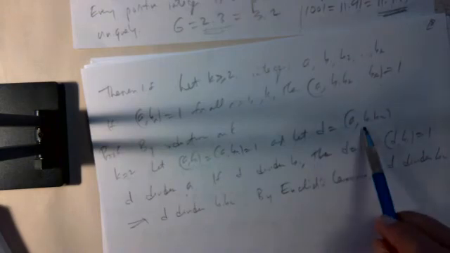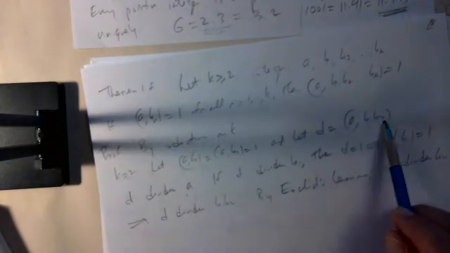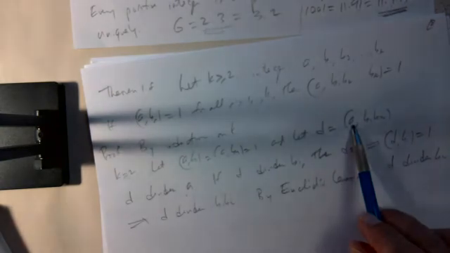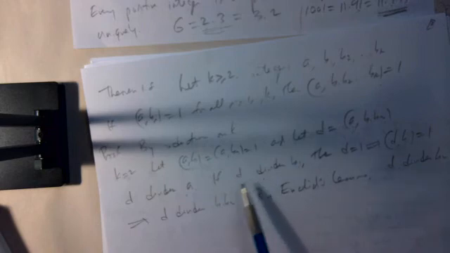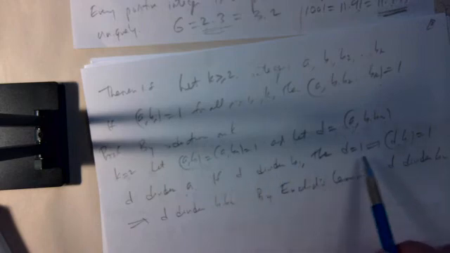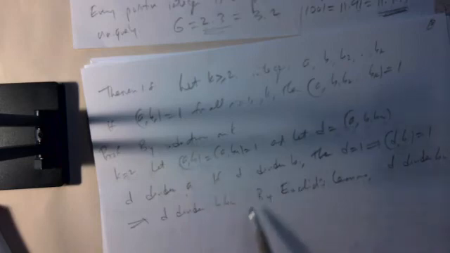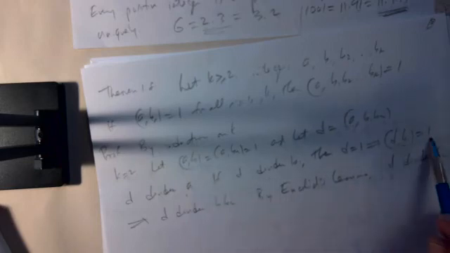So let D be the greatest common divisor of A and B1 B2. So D divides A. If D also divides B1, then D would be a common divisor of A and B1, and the greatest common divisor of A and B1 is 1. So if D divides B1, then D and B1 are relatively prime. Right?